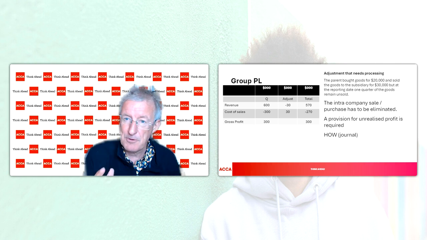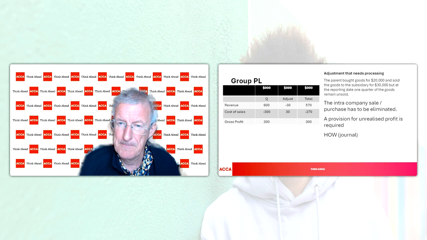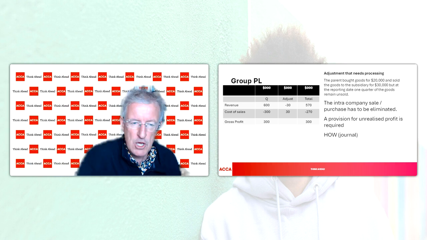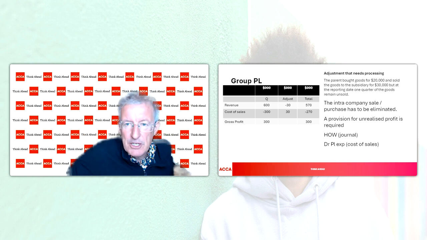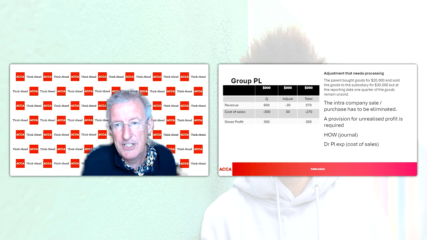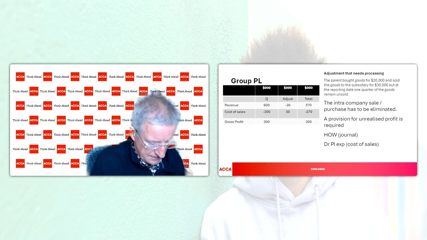How we make the provision for unrealized profit is a debit and a credit. We are looking to reduce profit. We are looking to debit the P&L, or in a balance sheet context, retained earnings.